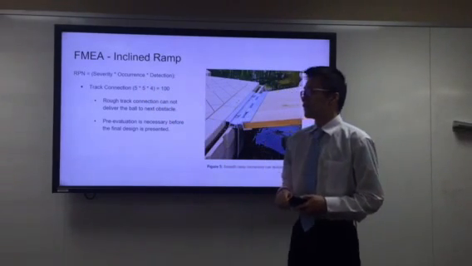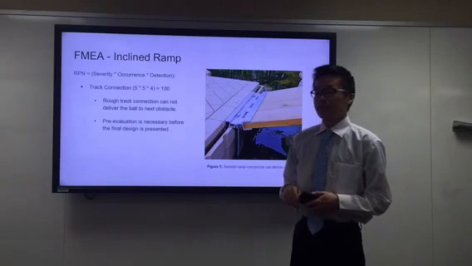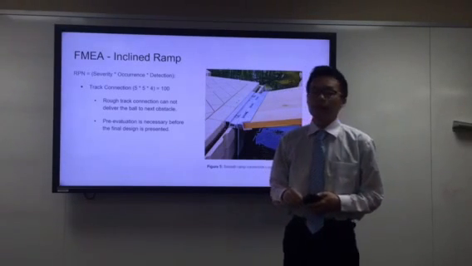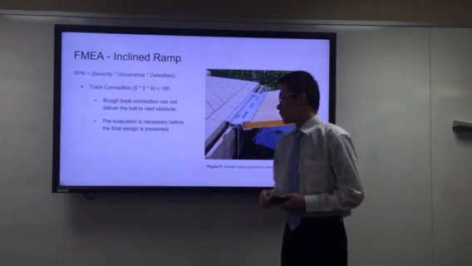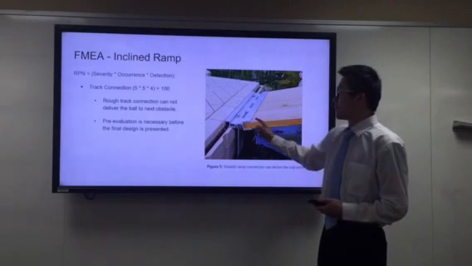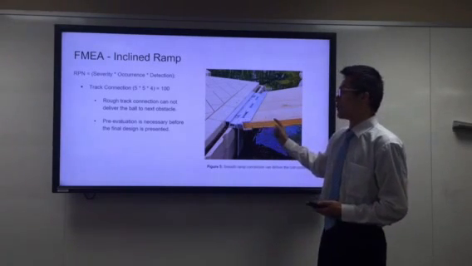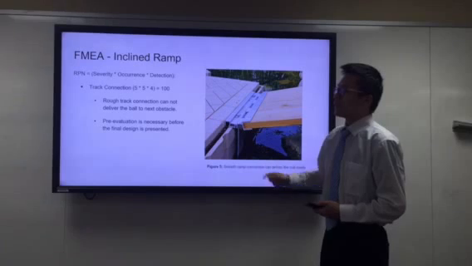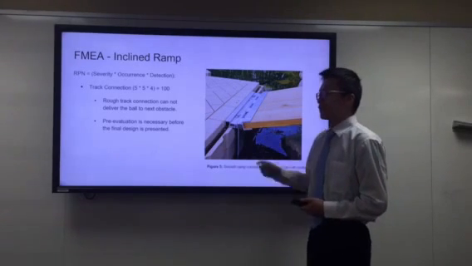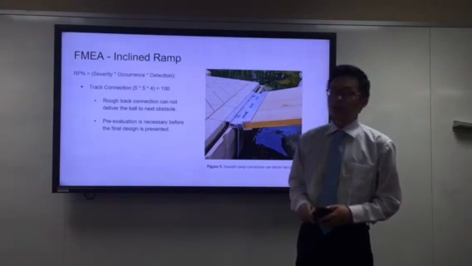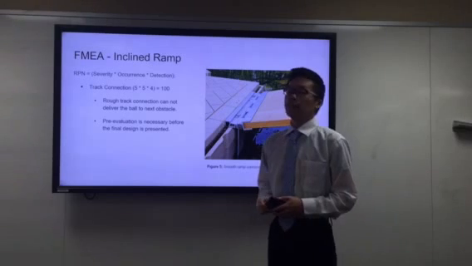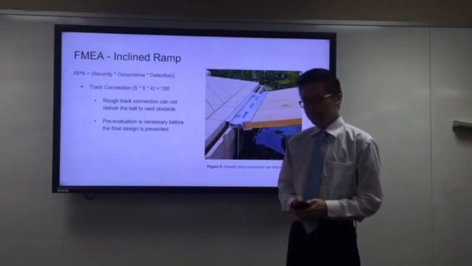And this means the track connection can be a serious problem in our design. So, as shown in the figure, a rough track connection between two obstacles cannot deliver the ball. So our team will probably do some pre-evaluation before the final design is presented.